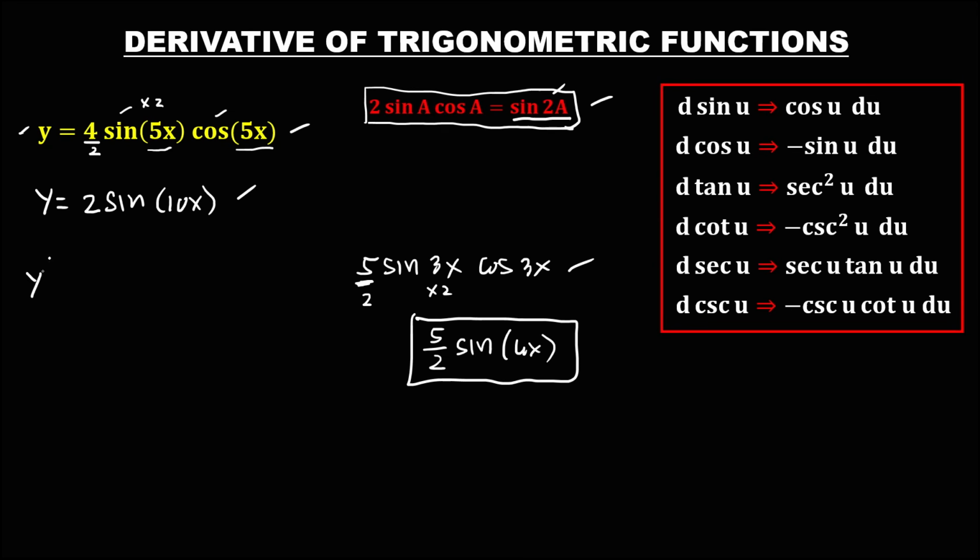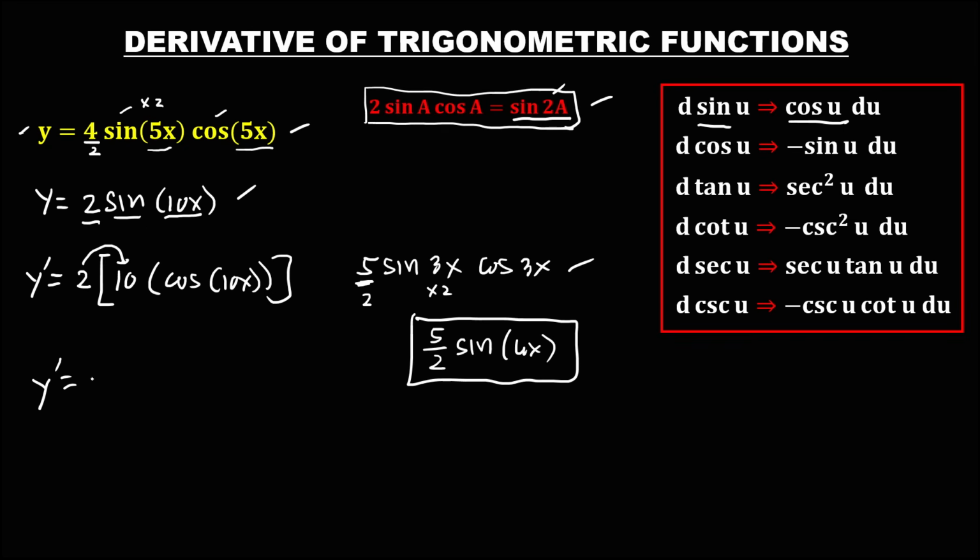So y prime equals, again, bring down the constant, then times the derivative of 10x, which is 10, then times the derivative of sine, which is cosine 10x. Then to simplify, 2 times 10 is 20, then cosine 10x. So this is now the derivative.